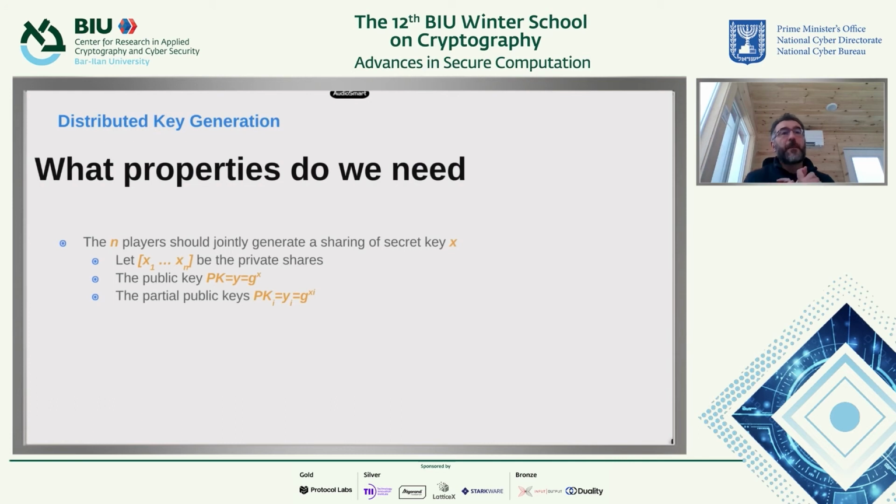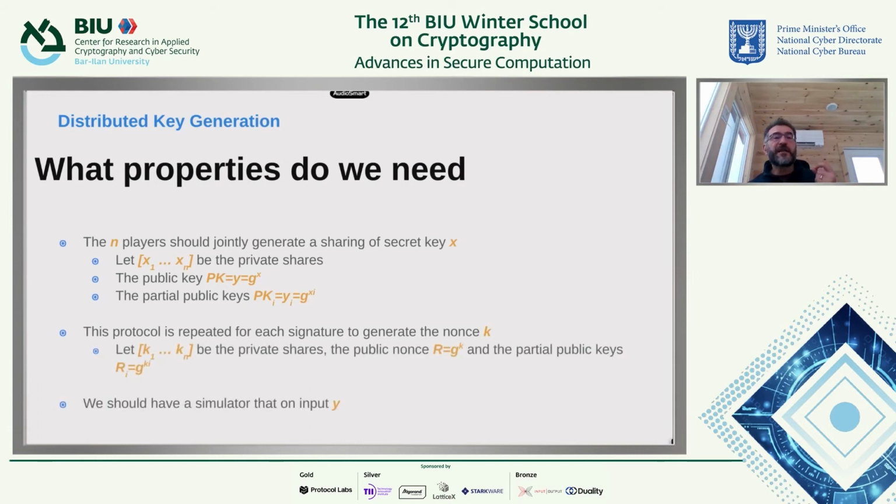It should generate the public key, which is G to the X. And it should generate public commitments to the shares because I need them for robustness, right? To weed out bad shares, bad partial signatures. So this is what we need for the protocol to work. For security, we're going to do this once for the secret key and then once for the nonces.